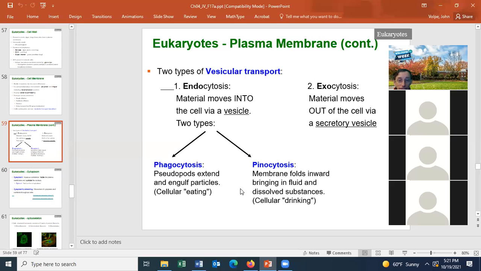That invagination just gets bigger and bigger until it's brought inside the cell, and the membrane pinches off, so the cell membrane reforms, and the membrane of the vesicle is made by the cell membrane. And that is called cellular drinking. That's pinocytosis. Any question about vesicular transport?